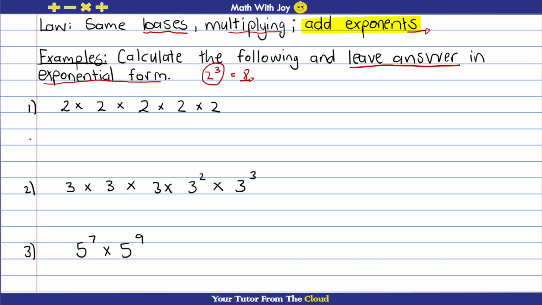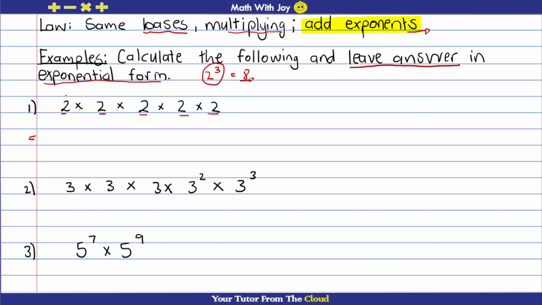Now let's practice the law that we have analyzed there at the top. That law says that if the bases are the same, so over here I got a 2, another 2, another 2, another 2, another 2, and the bases are multiplying, you can see there's a times, a times, a times, a times, now all I have to do is add the exponents.